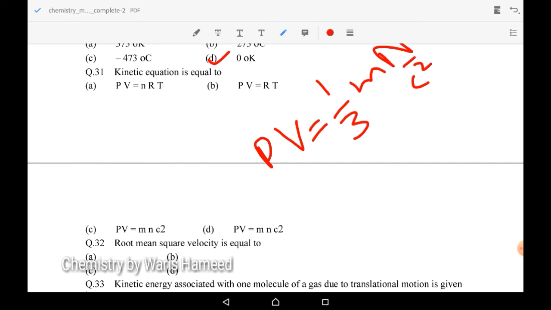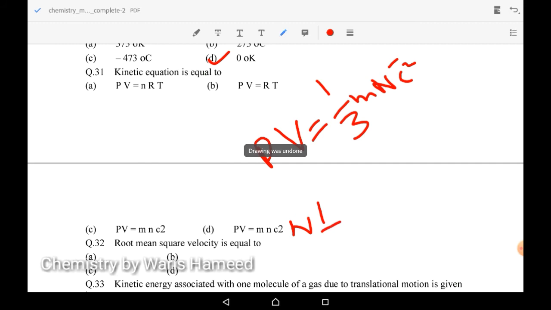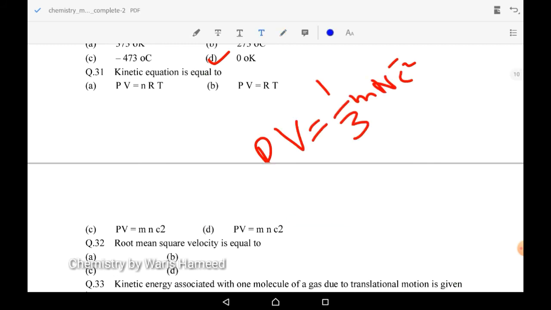Let me write it clearly: m n c square bar. I am not finding any such answer here, then we can write here n and 1/3. Then we can mark answer D as the correct one. Going to the next MCQ.